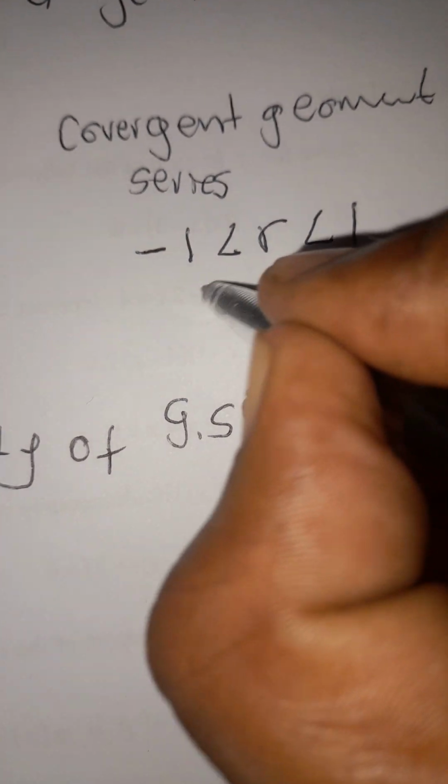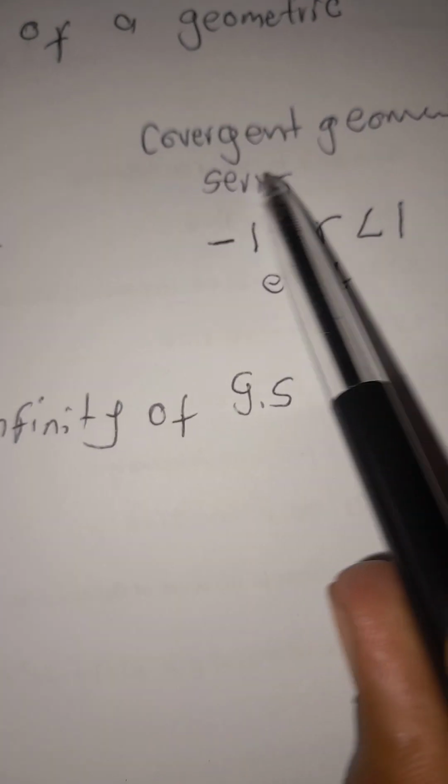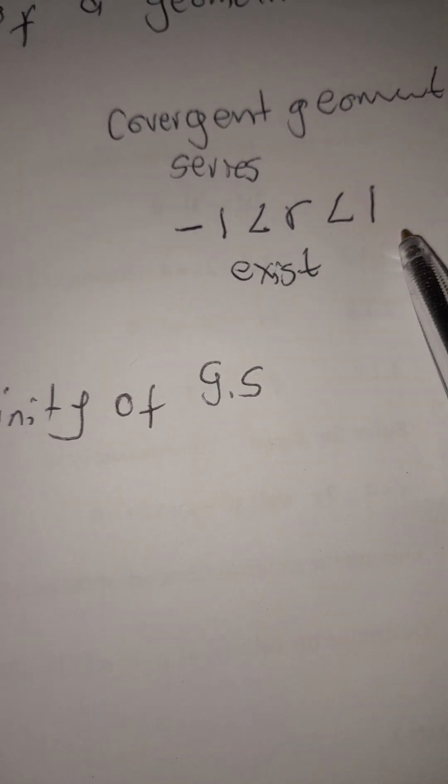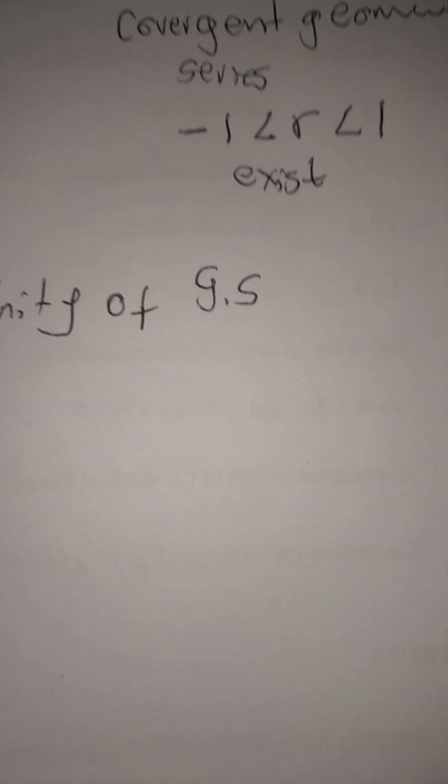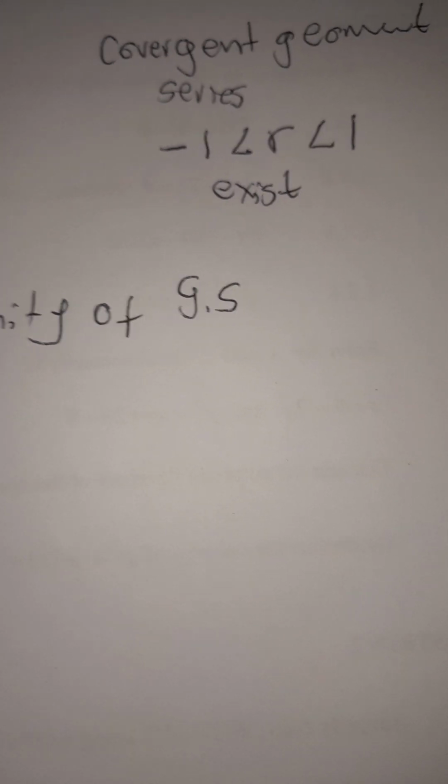When it's like this, you can use this formula. This formula exists when -1 is less than r and r is less than 1.